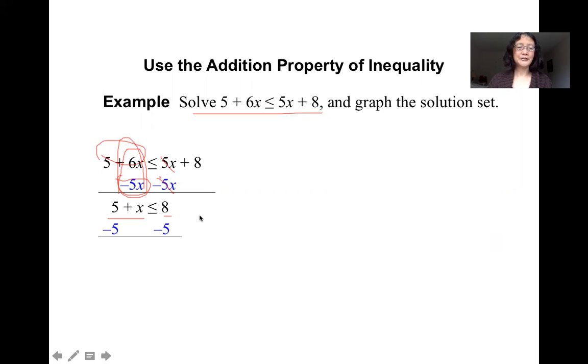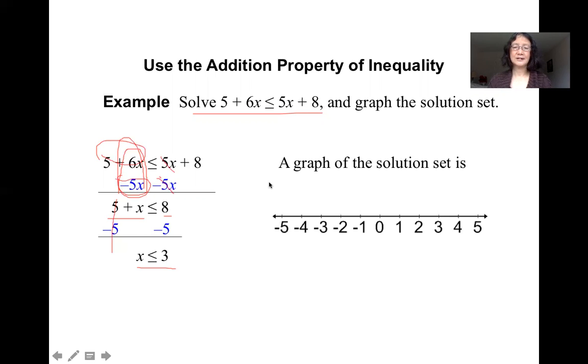Now, subtract 5 from both sides: the 5 and -5 cancel out, so you only have x on the left-hand side, and on the right-hand side you have 8 minus 5 equals 3. So the final solution is x ≤ 3. And this is the graph of the solution on the number line, x ≤ 3.